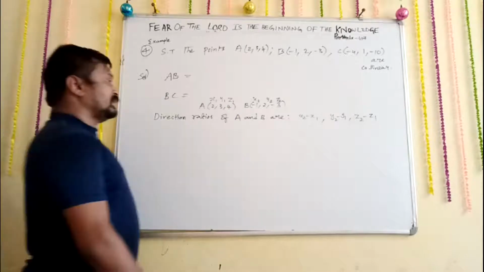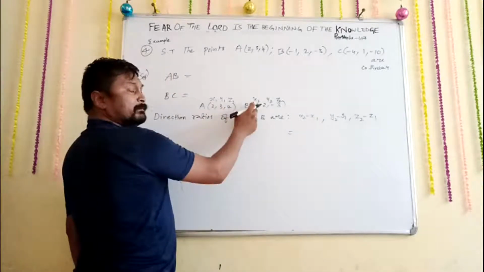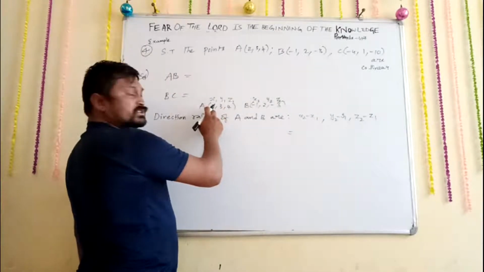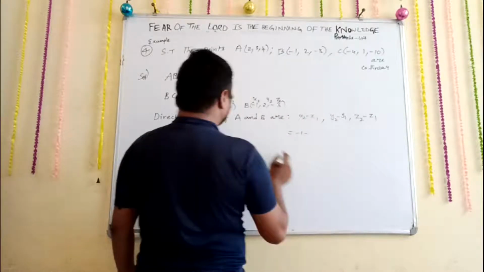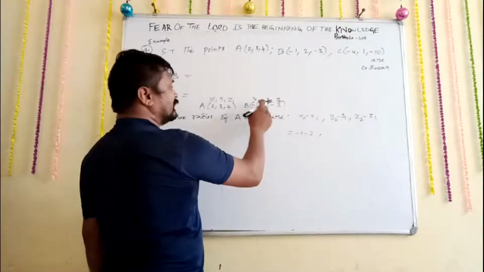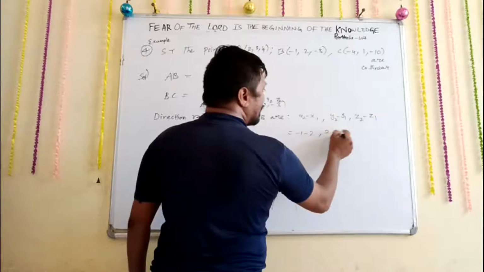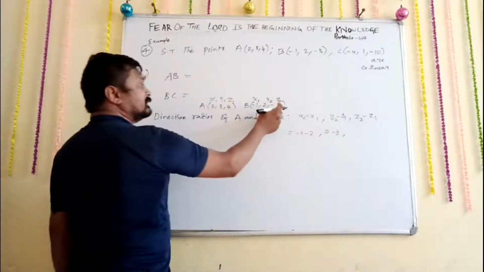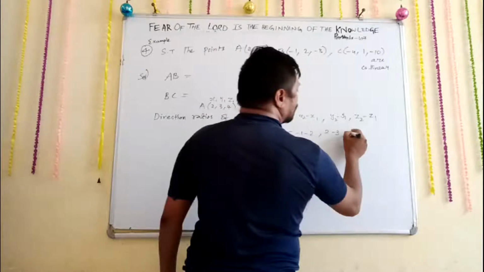So this equals x2 minus x1. What is x2 here? -1, and x1 is 2, so -1 minus 2. y2 minus y1: 2 minus 3. And z2 minus z1: -3 minus 4.